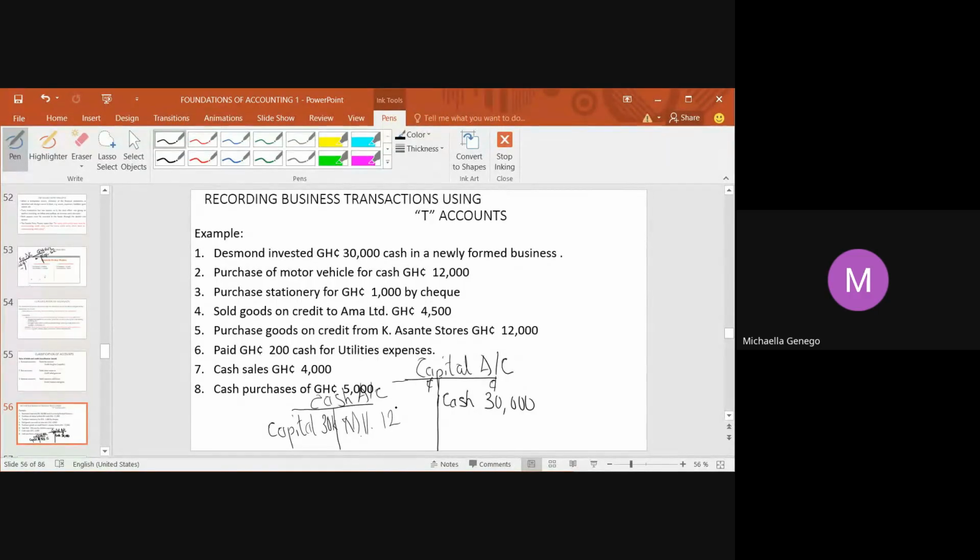You get it? So you don't have to, maybe in question 2, open a different cash account and do it for question 2. Once you've opened an account already, you just keep moving the transactions in, unless there's no account for it. So for the third example, we said by check, and we have no bank account, so we have to open bank account and stationery account.